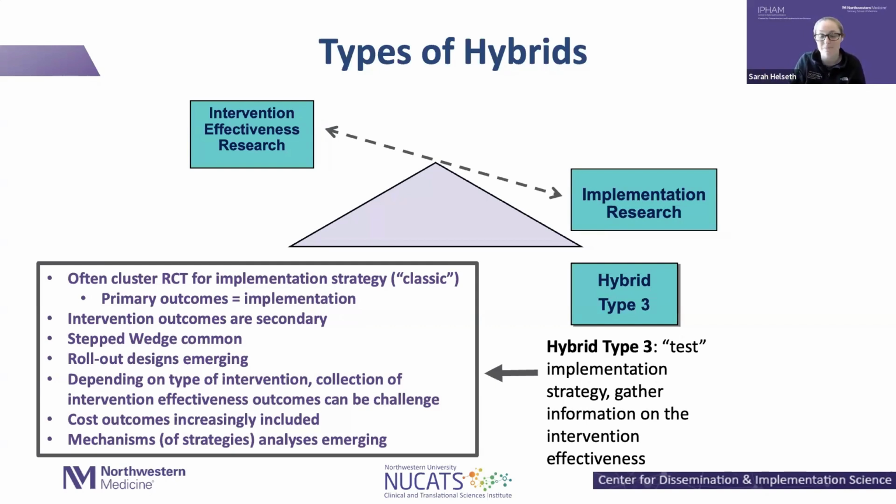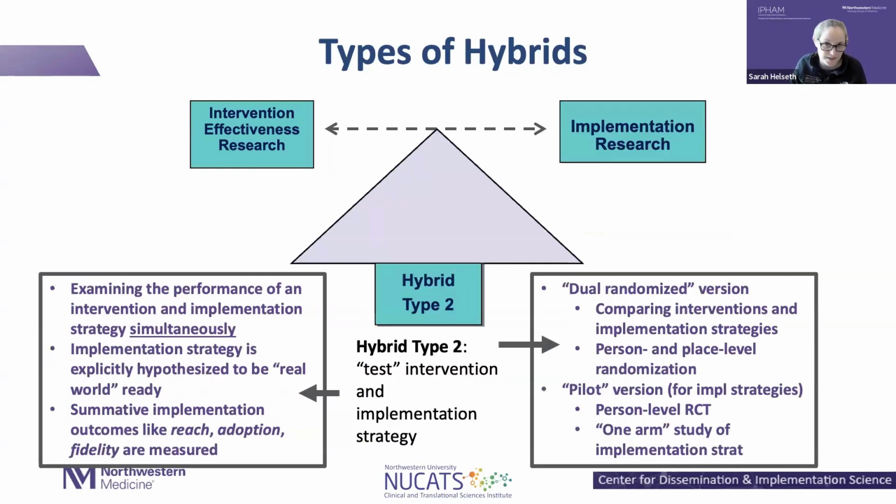So sometimes the outcomes here, you might be looking at how quickly adoption happened at one strategy site versus another strategy site. You might be looking at reach, or you might be looking at some of those other outcomes that we're always talking about here. So again, you're collecting that effectiveness data, but really the objective of this work is to find out which implementation strategies were more effective in this specific context that you're working.